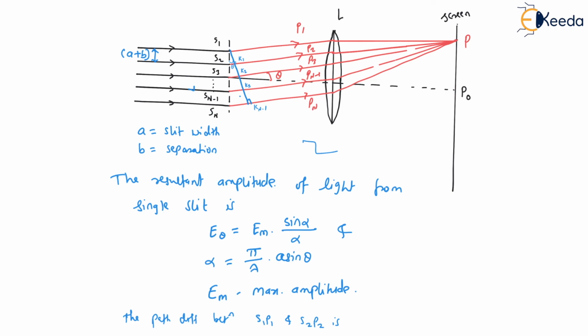That means ultimately you have to write everything. Then there will be a question, derive the condition for maximum diffraction at a diffraction grating. Such a question they usually ask for 5 marks. So you have to explain the diffraction pattern, then the equation, and then finally the condition.